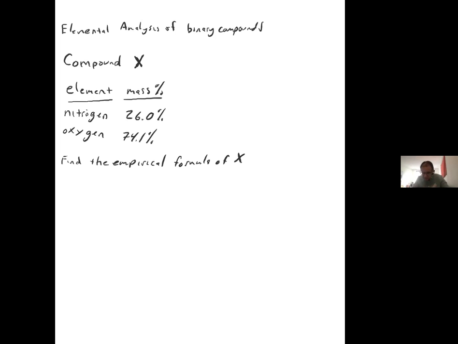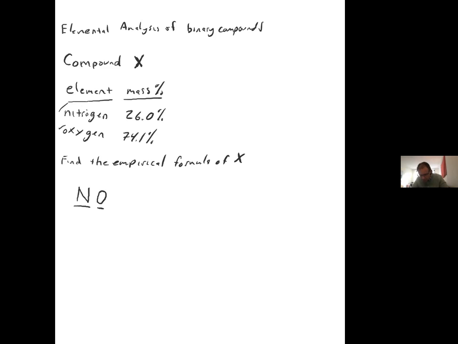The empirical formula is a representation of the ratio of the elements in the compound. So the empirical formula should look something like this. It should have the symbol for the first element, which is nitrogen, and the symbol for oxygen, the second element. And then it should have some numbers underneath it.